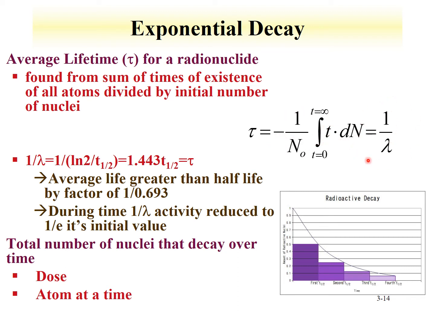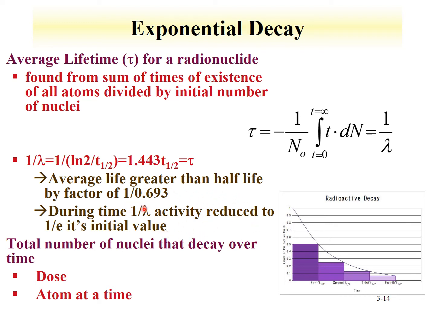It turns out to be 1 over the decay constant. 1 over the decay constant is equal to 1 over log 2 divided by the half-life. And it turns out that the average isotope has a lifetime on the order of 1.4 times the half-life. So the average lifetime is greater than the half-life by this factor. And during this time, the initial activity is reduced to 1 over e of its initial activity.